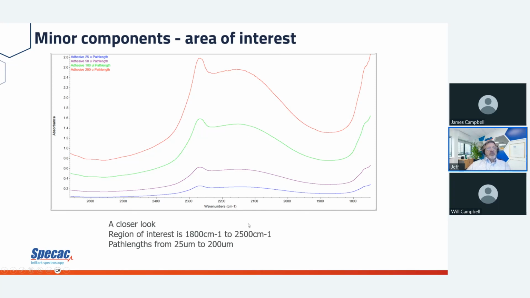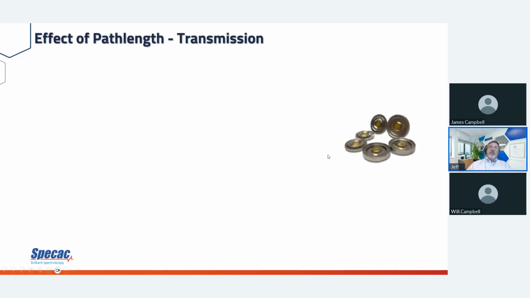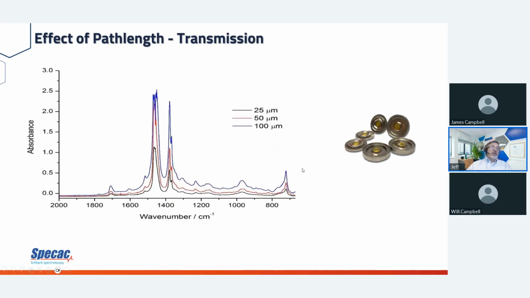This region is 1800 to 2500. That's what they were looking for, and they were very happy with what was going on there. These right here are the oysters. You have a bottom oyster and a top oyster, and you get your different path lengths by changing the bottom oyster. Here are three different ones.